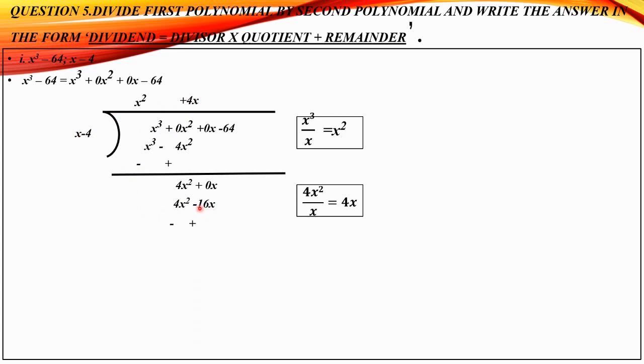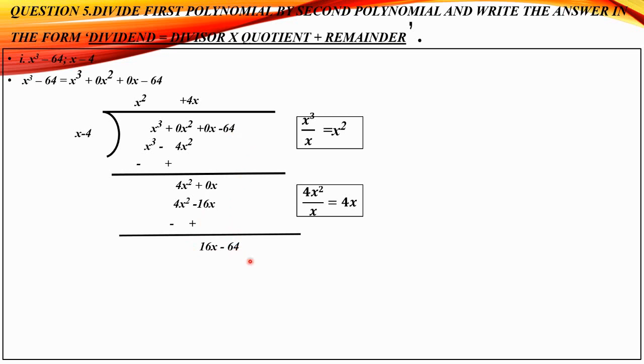Subtracting, we are changing the signs. So 4x square minus 4x square and here we are getting minus 16x as plus 16. After calculating, this will be cancelled and become 0. Here we are getting 0 plus 16x as 16x and the next term minus 64 we will write down.